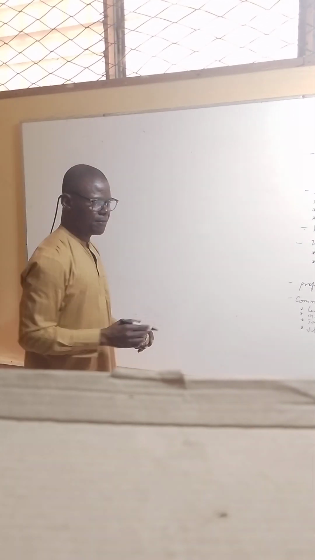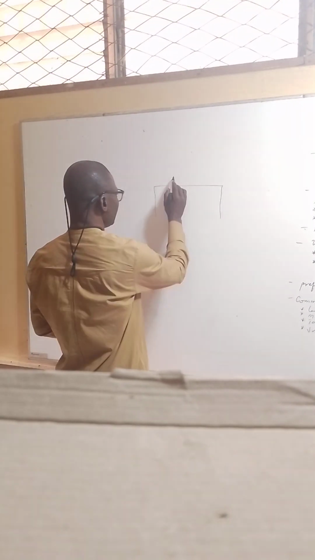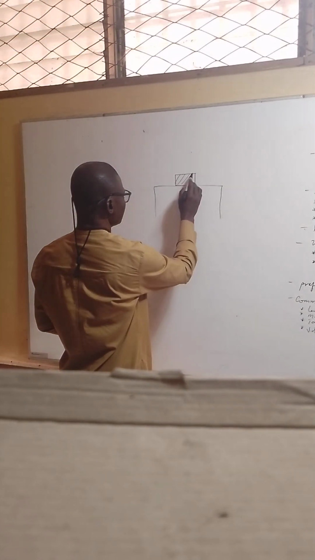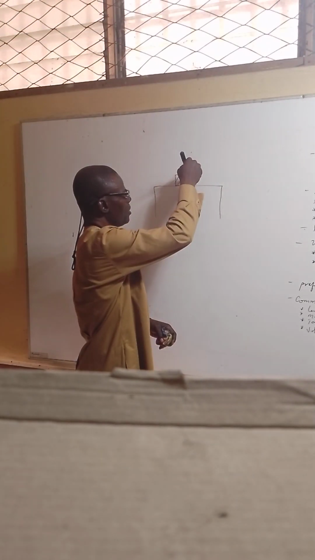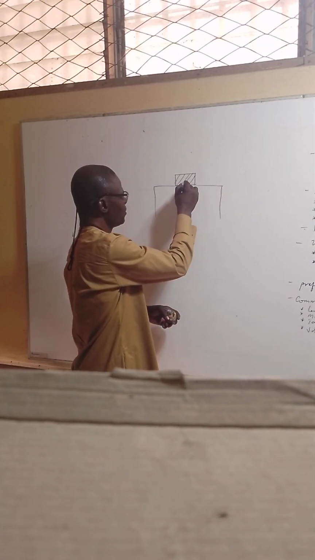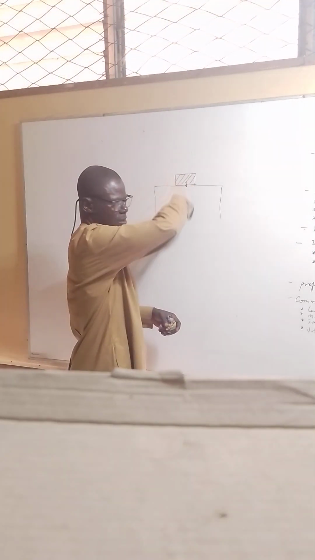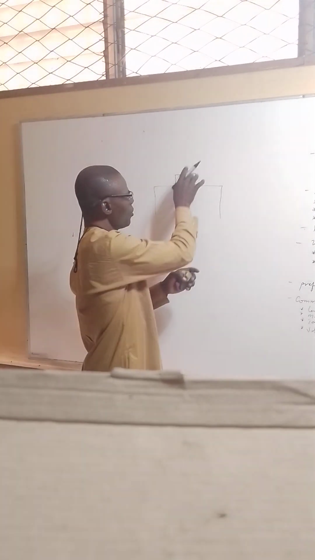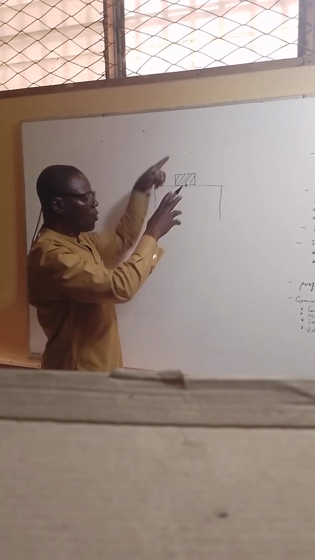If I have a table here, and I place an object on top of this table, maybe a book or whatever, it is resting on the table with a kind of force downward, and then the table will exert an upward force on this object, equal but opposite to it.